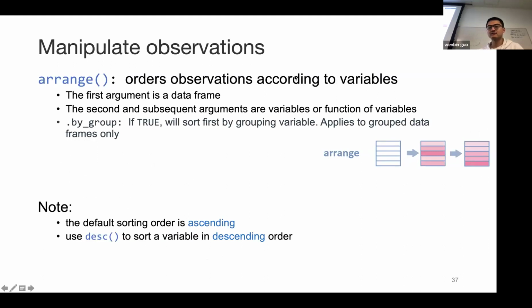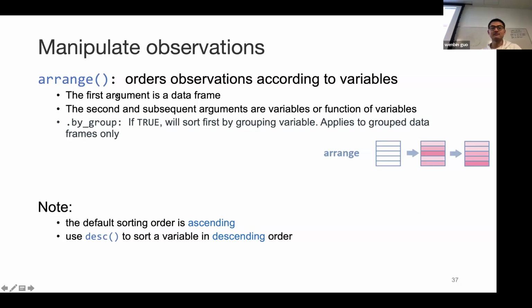And there is another function called arrange that tries to order the observations based on some variables. For example, as shown here, we have some values for each observation, and then we rank them from smallest to highest. If we denote the smallest as the lightest and the highest as the darkest.